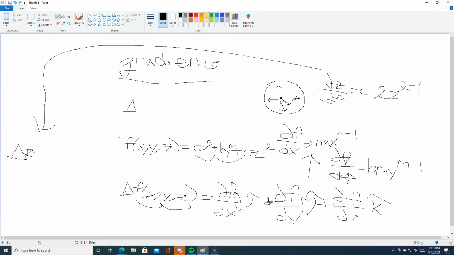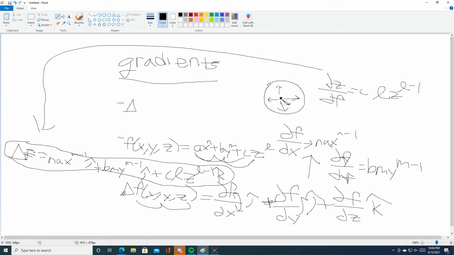The gradient of f is equal to the partial derivative with respect to x, which is nax to the n minus 1, in the i, plus bmy to the m minus 1 in the j, plus clz to the l minus 1 in the k. And this, for anything in this form, will give you the direction of the fastest rate of change.